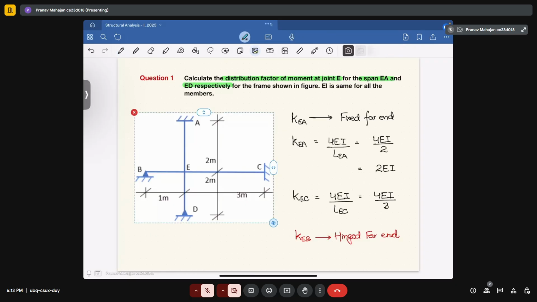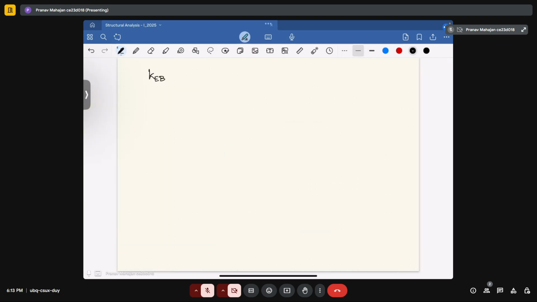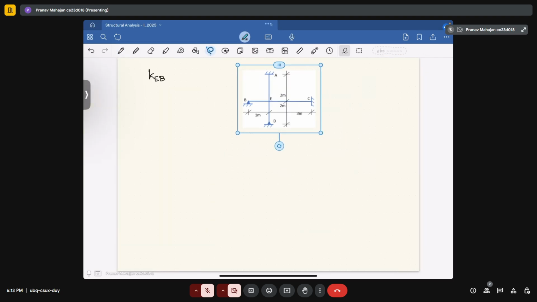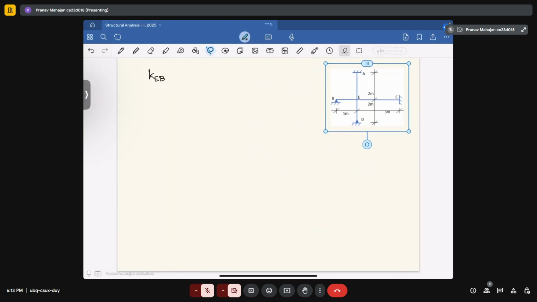I think I should copy this. If I copy it and paste it here, let me reduce the size. So your KEB will be equal to 3EI upon LEB, and here that will be equal to 3EI upon 1, that is equal to 3EI.